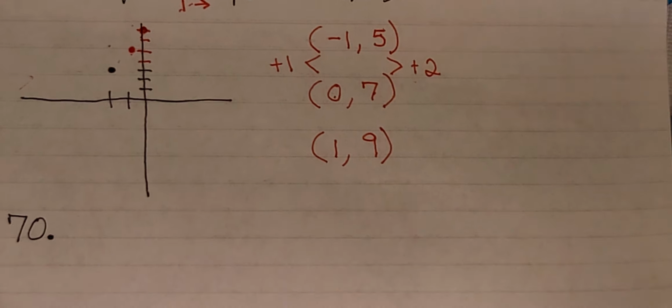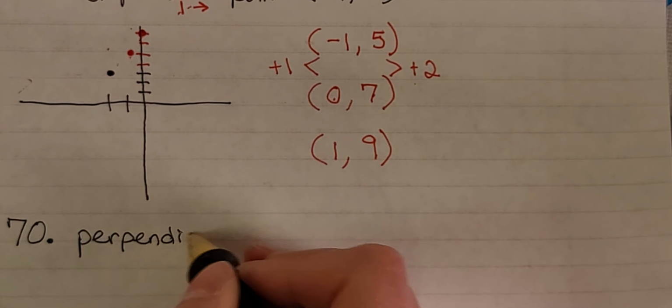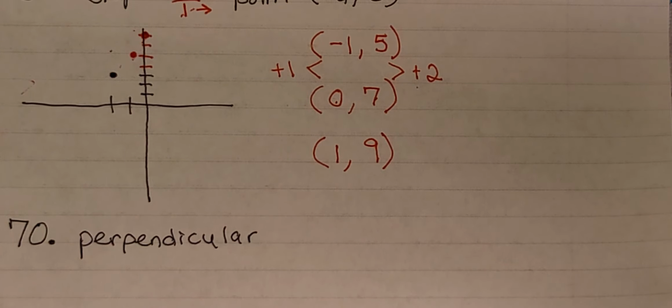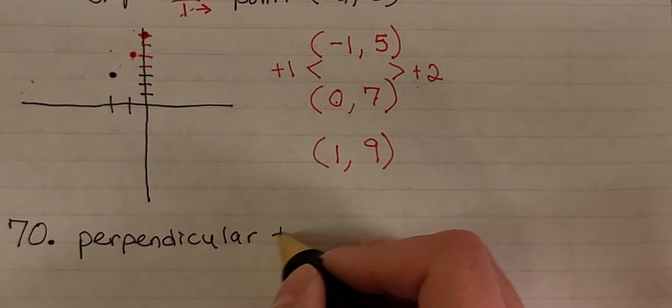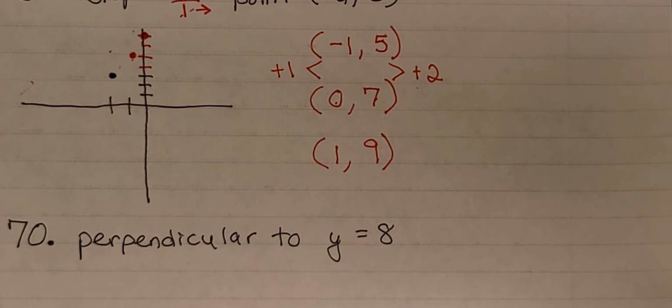Okay, so they said that it is perpendicular to the line y equals 8. And it contains the point 3, 4.